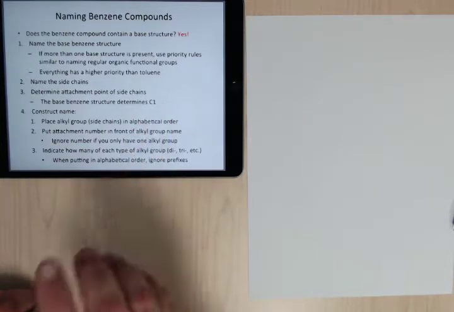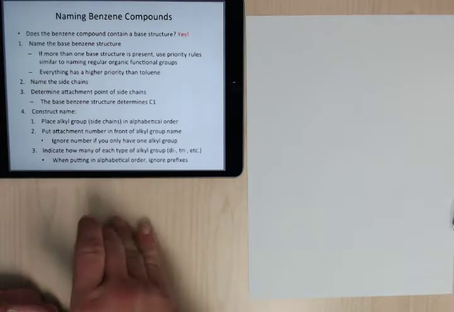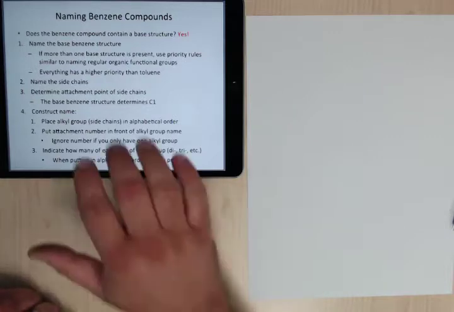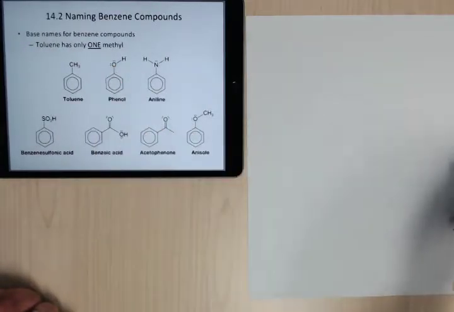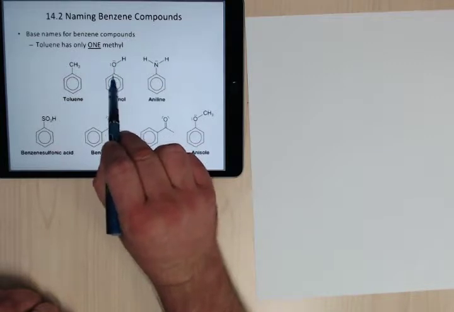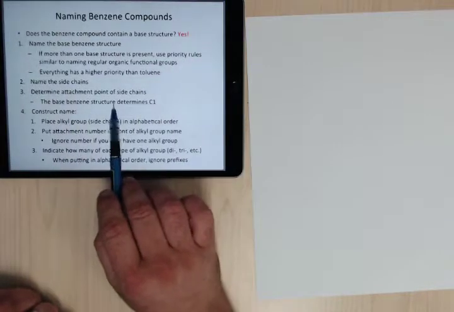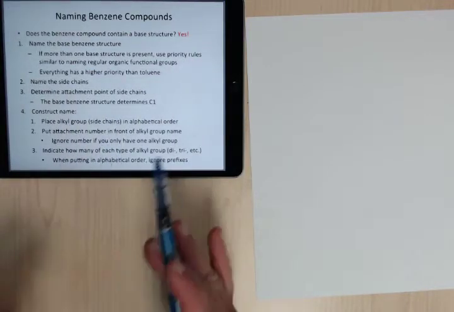Now with a base structure, whatever the base structure is, that's where that group is hanging off. So if you had a phenol, the carbon that has the OH attached is going to be automatically number one. Then you go clockwise or counterclockwise to get the lowest number set. You know where number one is, so it actually works out pretty well.